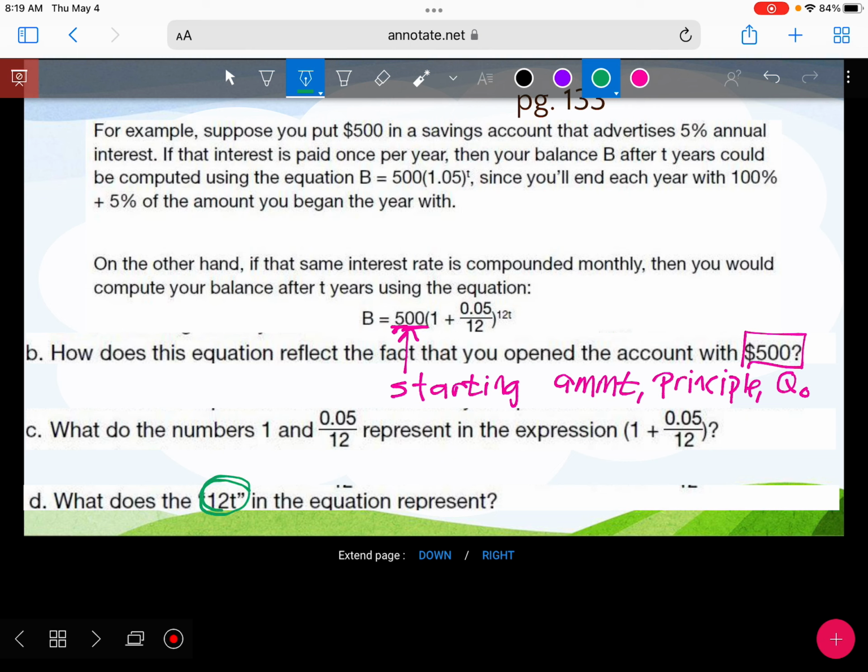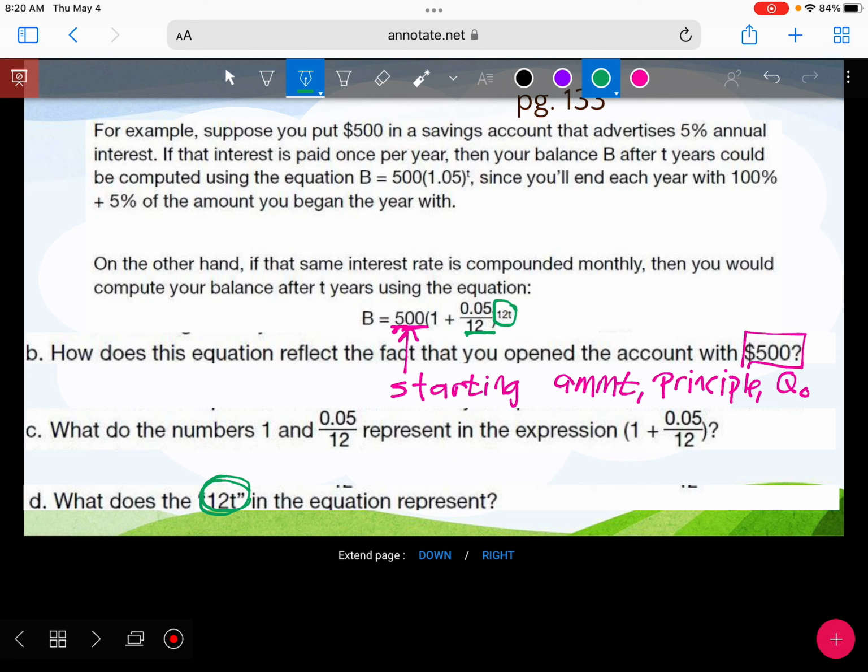The piece in our exponent, the 12t. Why do we have to have the 12t there? For how many years? Why do we have to have that 12 in there, though? Because there's 12 months in a year. I divided my interest by 12 because I'm doing it 12 times in each year. Which means if I just said the 0.05 over 12 and I just put a 1 up there, I'm only doing it one time.